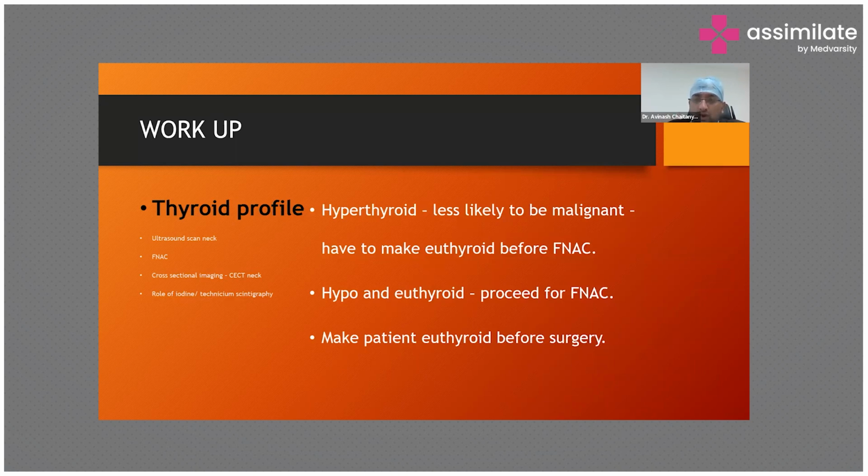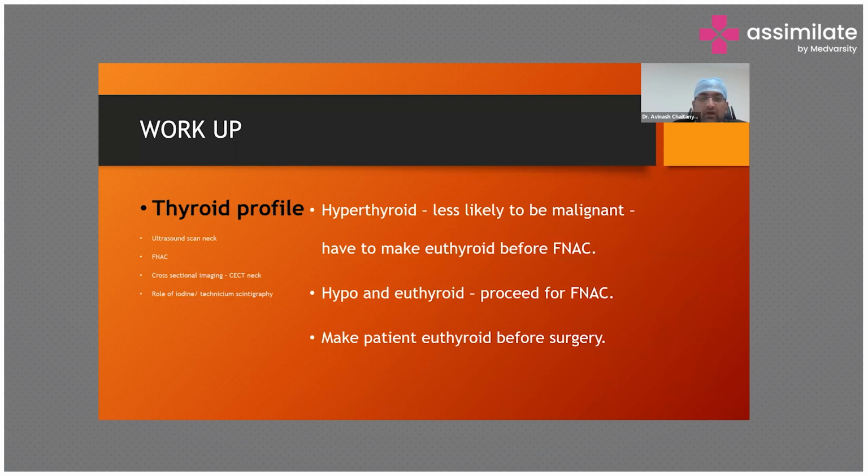Also, you should not poke a needle into a hyperthyroid patient in general, because it will cause bleeding, hematomas and a sudden increase in size of the swelling. So you can wait for the patient to become euthyroid, or at least symptomatically less hyperthyroid, and then go for FNAC. In hypothyroid and euthyroid patients, you can proceed for FNAC and then go ahead with whatever procedure has to be done.